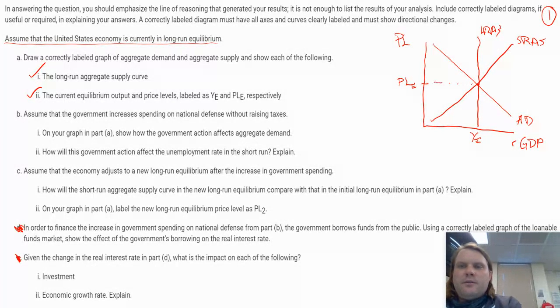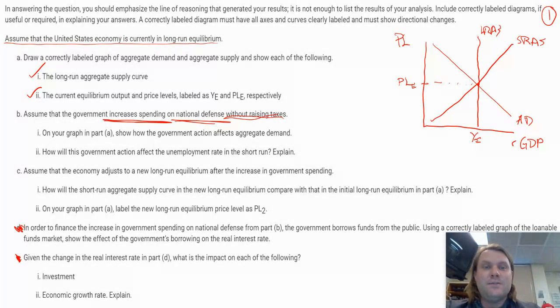I get picky. Now we're going to assume that the government increases spending. We really don't care what they're increasing spending on. They're going to say national defense, and they're not going to raise taxes. We know that when the government injects money into the economy, it is going to affect our aggregate demand.